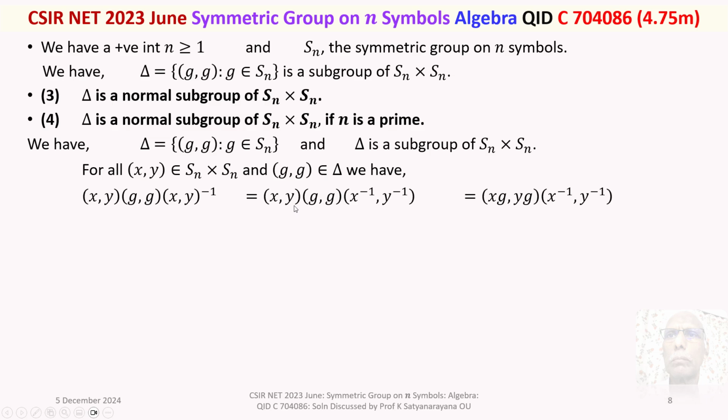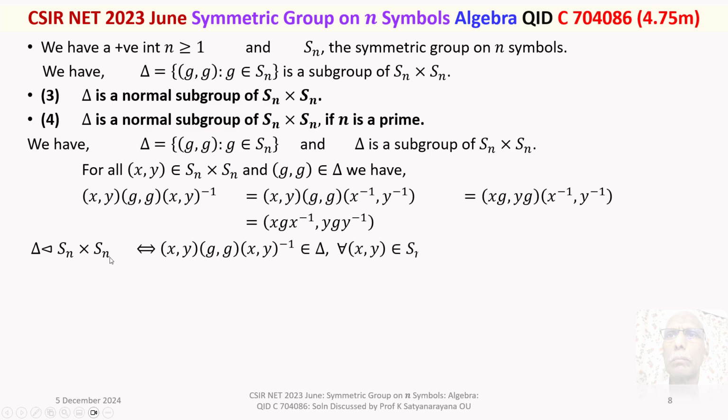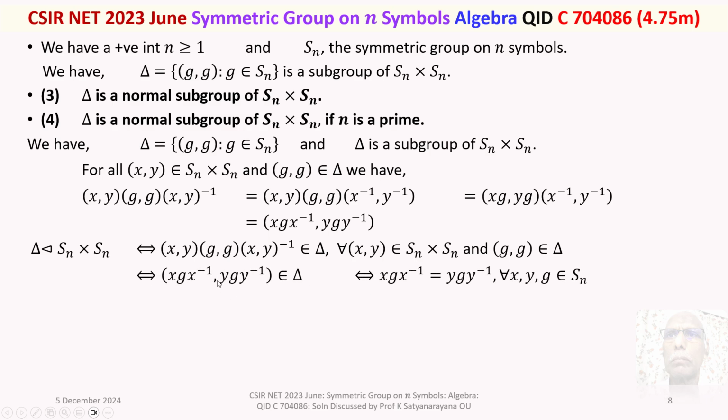So (x, y) composed with (g, g) is applying composition component-wise, (xg, yg), multiplied by (x inverse, y inverse), again component-wise multiplication: (xg x inverse, yg y inverse).